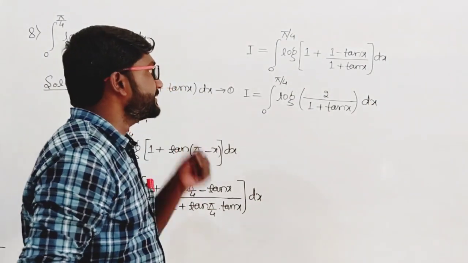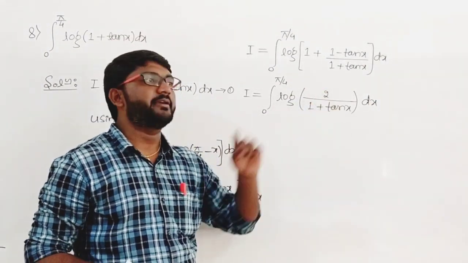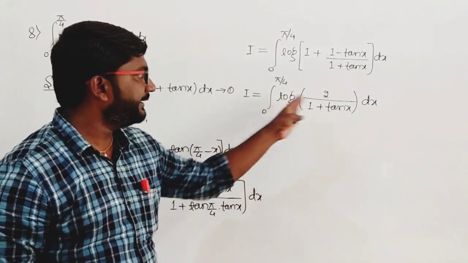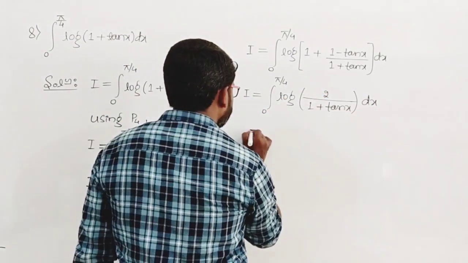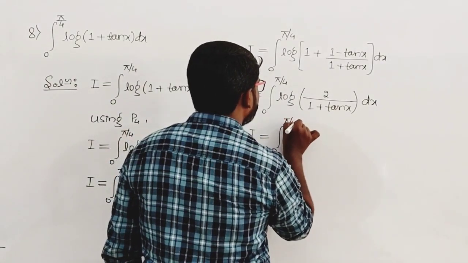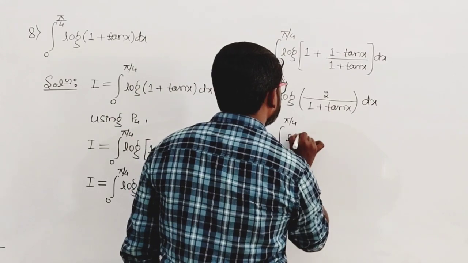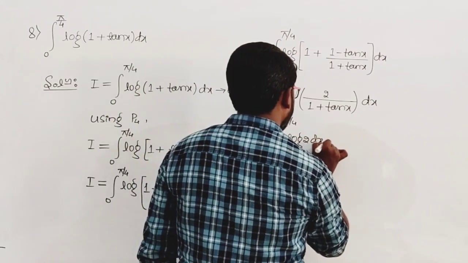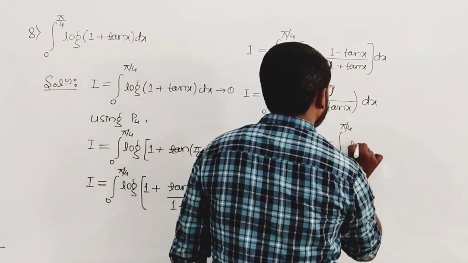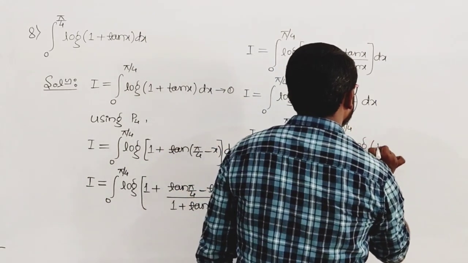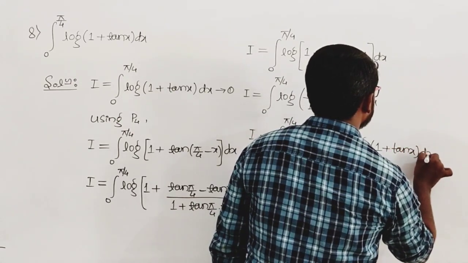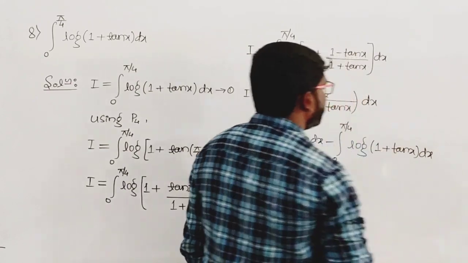Now this is in the form of log of x by y. What is the log of x by y? It is log x minus log y, and integrate them separately now. I is equal to integral 0 to pi by 4 log 2 dx minus integral 0 to pi by 4 log (1 plus tan x) dx.